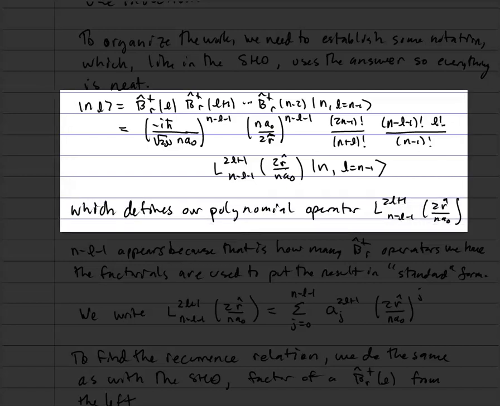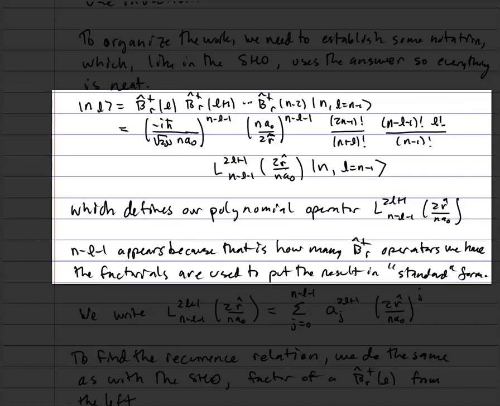That is defining our polynomial operator, L superscript 2L+1 sub n-L-1. The n-L-1 is actually counting the number of B_R dagger operators that we have. The factorials are put in to put it in the standard form, which essentially means put it in a form that corresponds to what a dead French or German mathematician did in the 1800s.